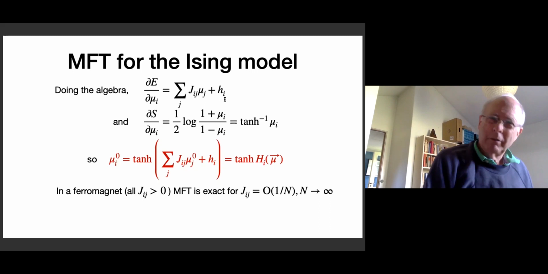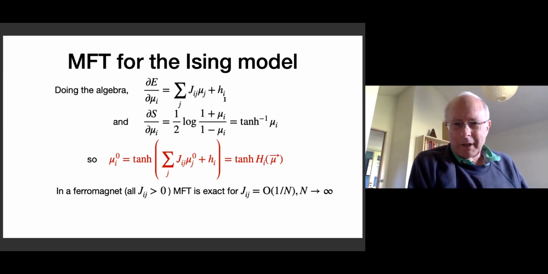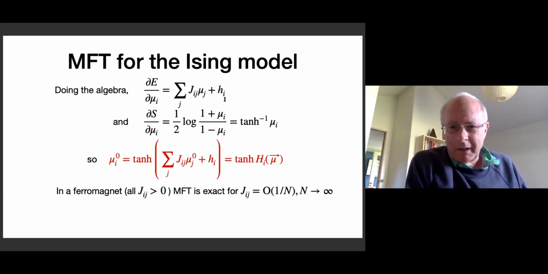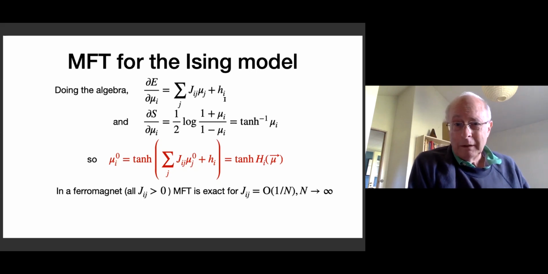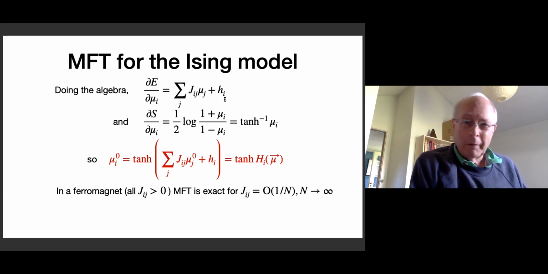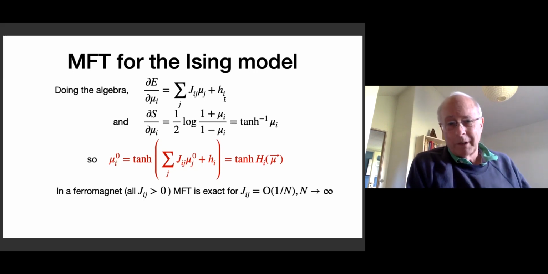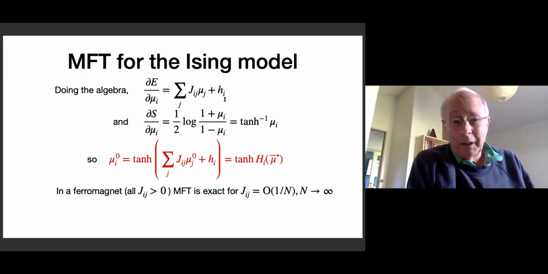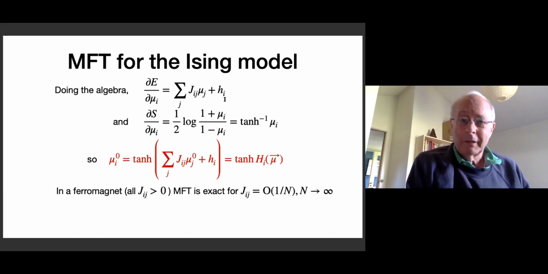Yeah, the first time I saw this, it seemed like magic. It turns out that's the same as the inverse hyperbolic tangent. Okay, so these two derivatives are supposed to be equal, and you take the hyperbolic tangent of both sides, and you get that mu zero is the hyperbolic tangent of that field from the others. Okay, so that's the basic equation of mean field theory for a ferromagnet.